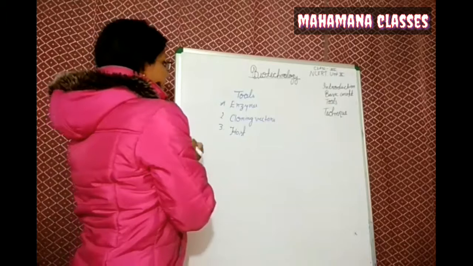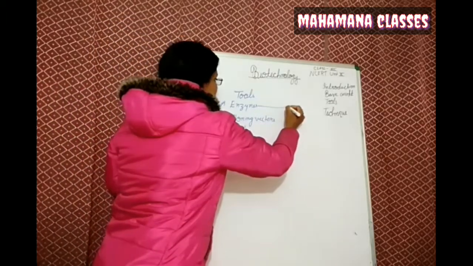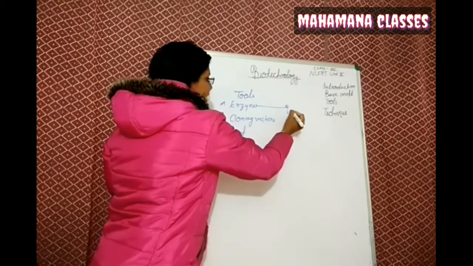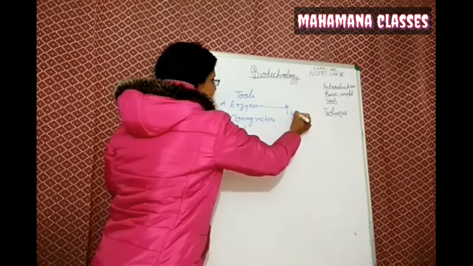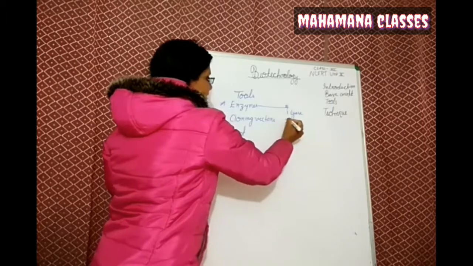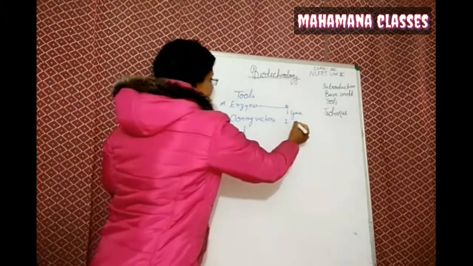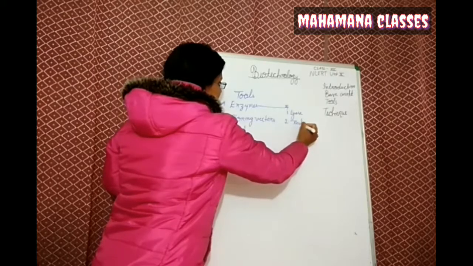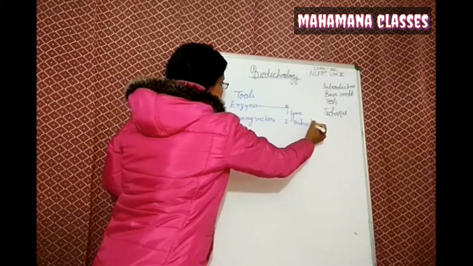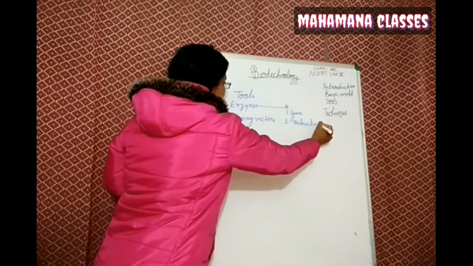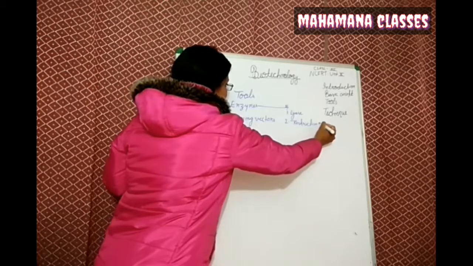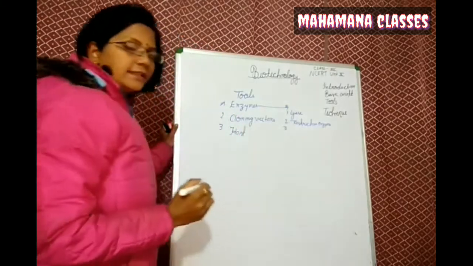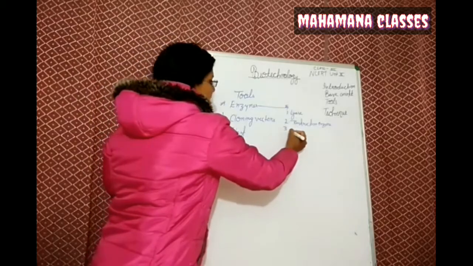Enzymes include 5 types. First, it is lyase enzyme. Second, it is restriction enzyme. Third, it is phosphatase enzyme.